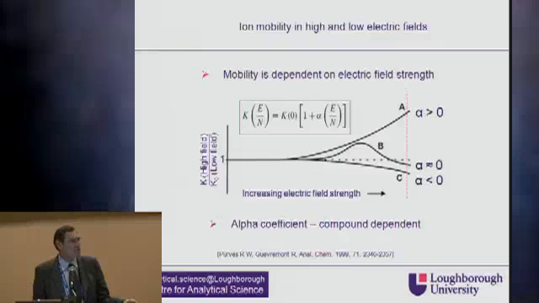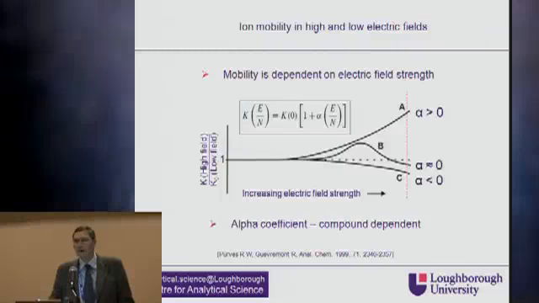But as we increase the field strength, we begin to see deviations, which may be positive ones, where high field mobility is greater than low field mobility, type A ions, or negative deviations, type C ions, or a more complicated process, and they're called type B ions. The relationship is defined by this simplified equation up here, and the important thing is we have an alpha coefficient along here, which is effectively compound dependent.